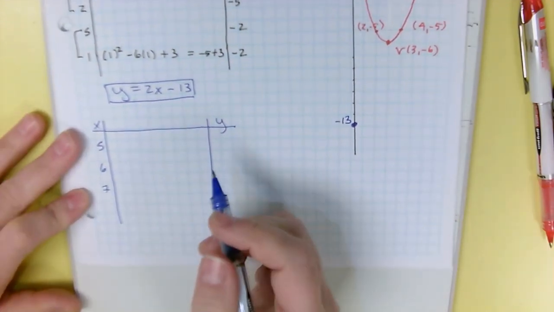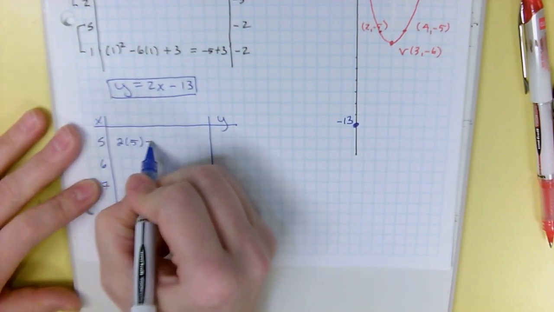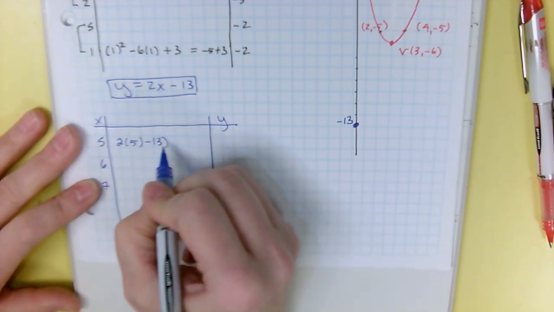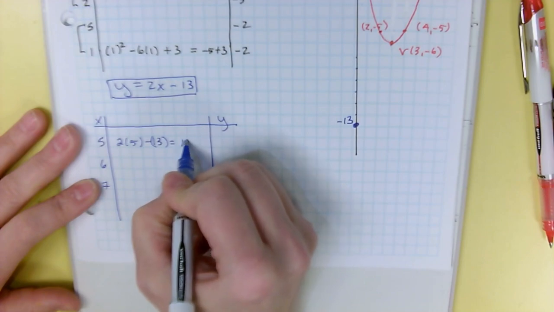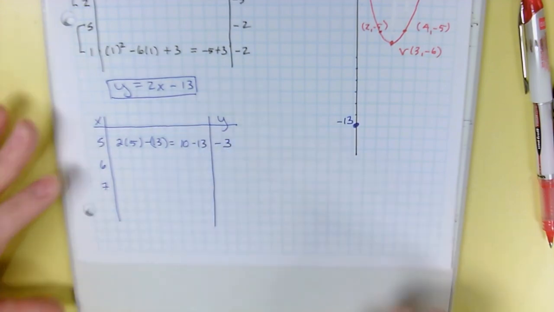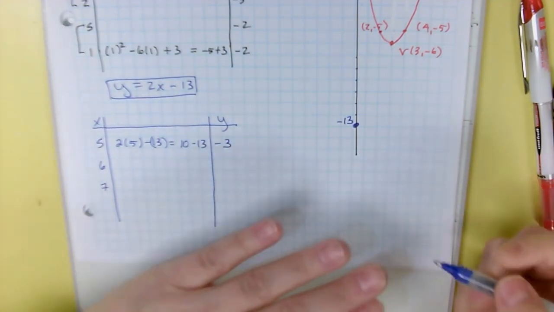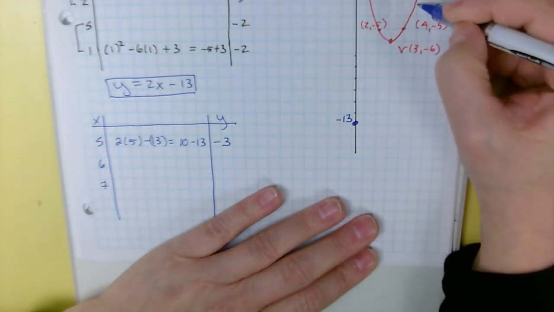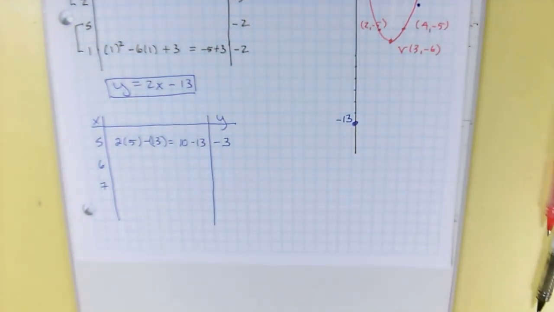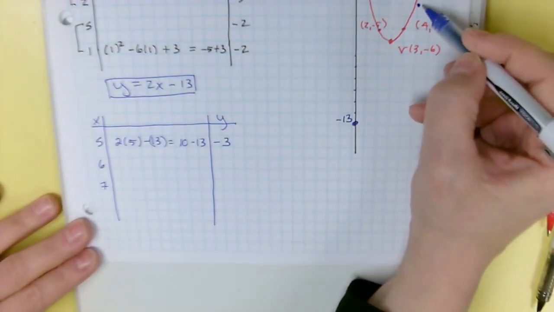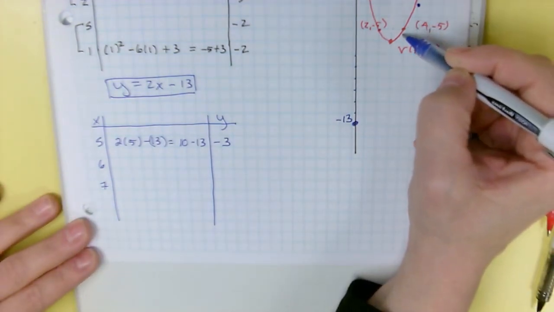So if I put the 5 in, 2 times 5 minus 13 is 10 minus 13, or -3. So 5, negative, oh, look at that. So it doesn't look like it's going to cross up here. So what about 4?